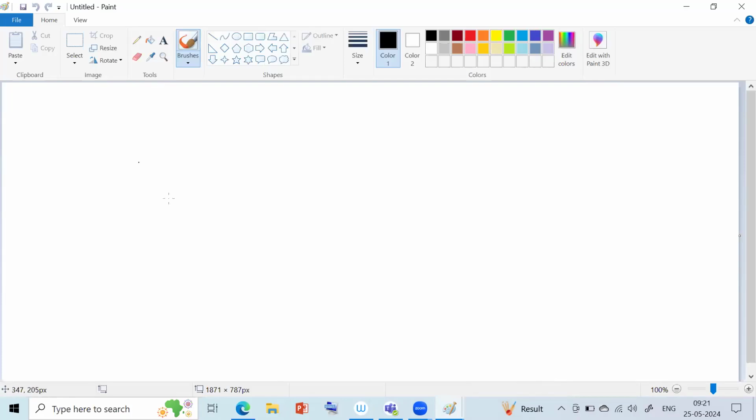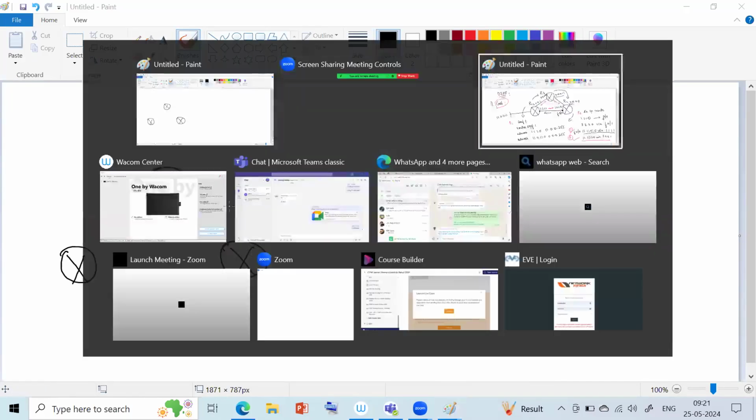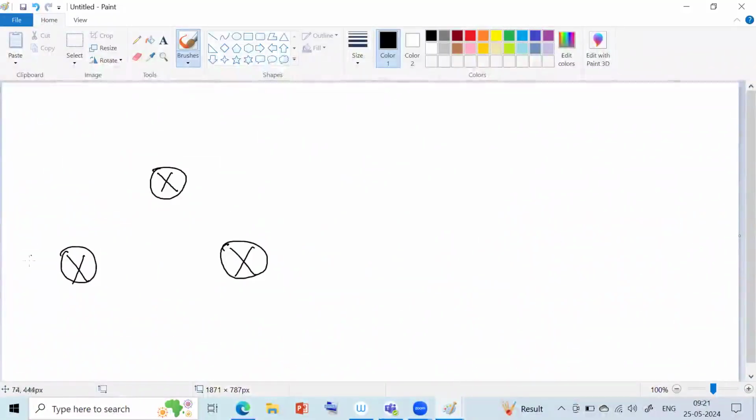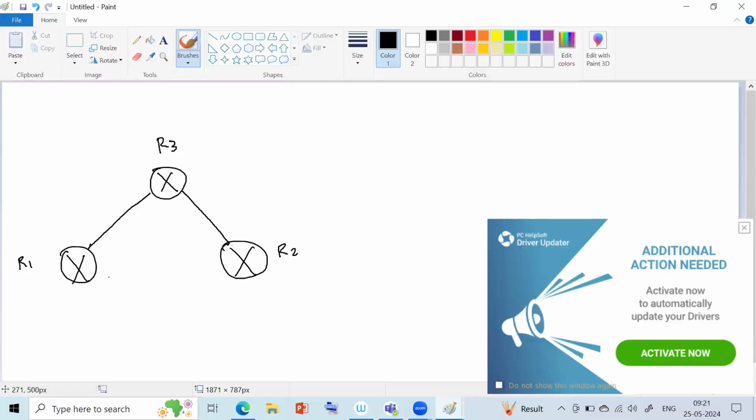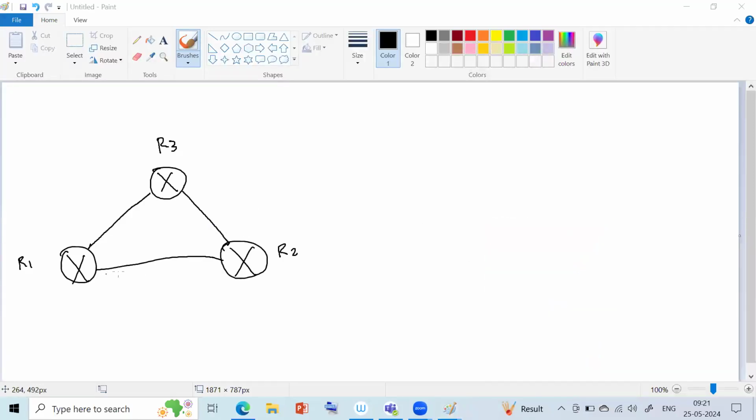Two scenarios. Let's say these are three routers, R1, R2, R3. The same R1, R2, R3, right?